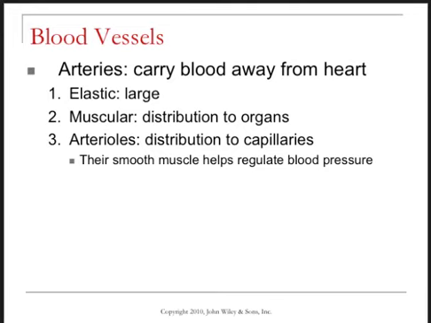Essentially, the greater the amount of vasoconstriction, the less blood flow we're going to have to an area. The greater the amount of vasodilation, the more blood flow we're going to have to a particular area. So you could think of these as almost gateways to different regions in the body.